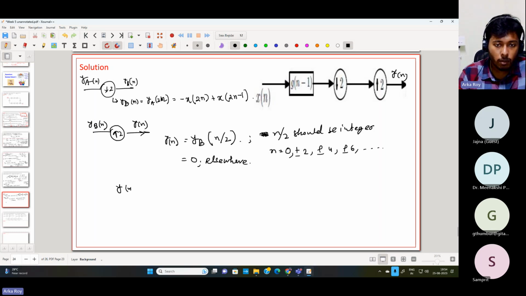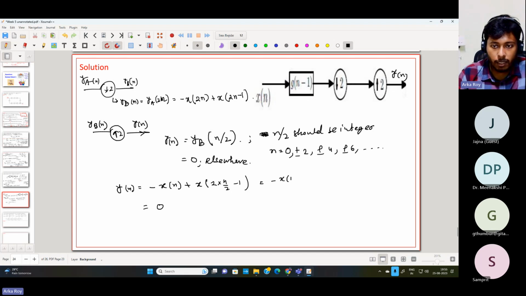So I can write y of n as minus x of n followed by x of, I can just replace the n with n minus n by 2. So this will be 2 into n by 2 minus 1, and 0 elsewhere.